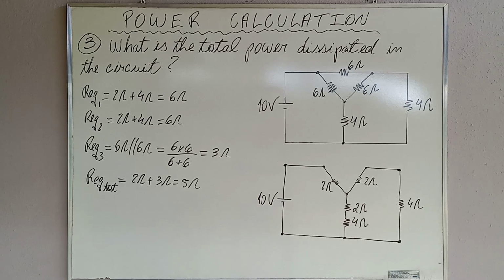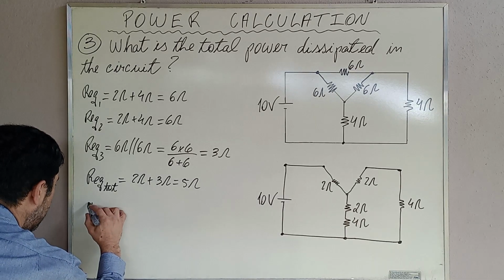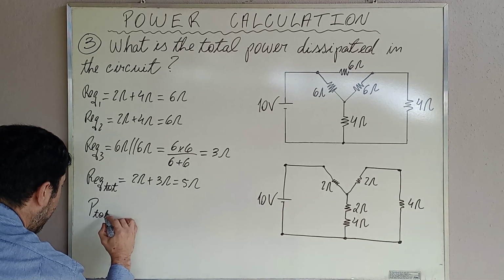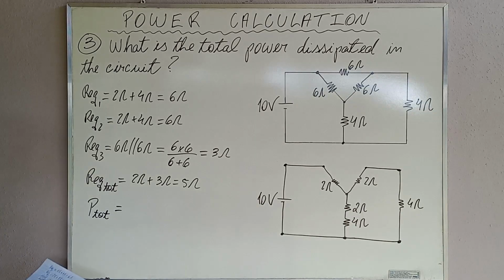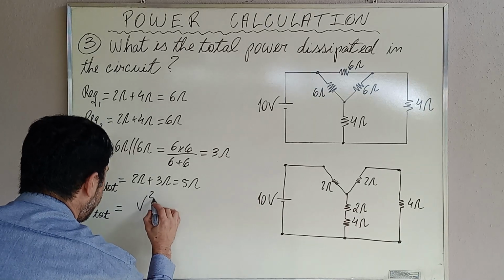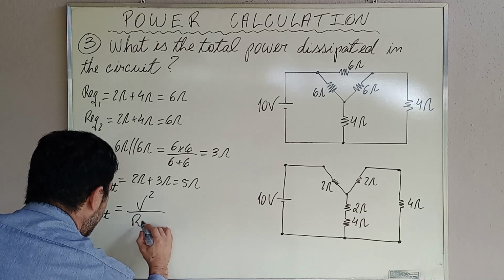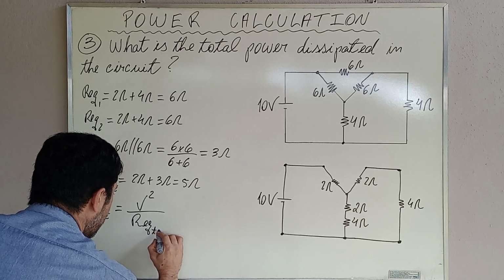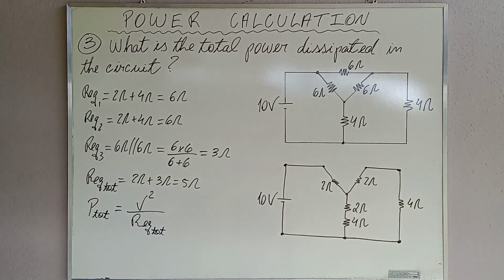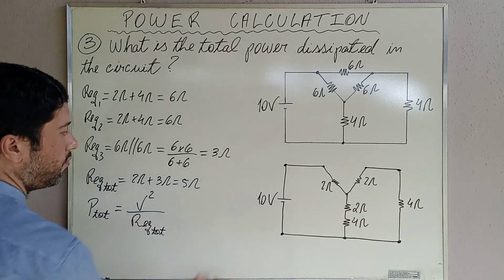With the value of the equivalent resistance, we can calculate the total power dissipated in the circuit using this expression. The total power is equal to V squared divided by the total equivalent resistance. The voltage is 10 volts.